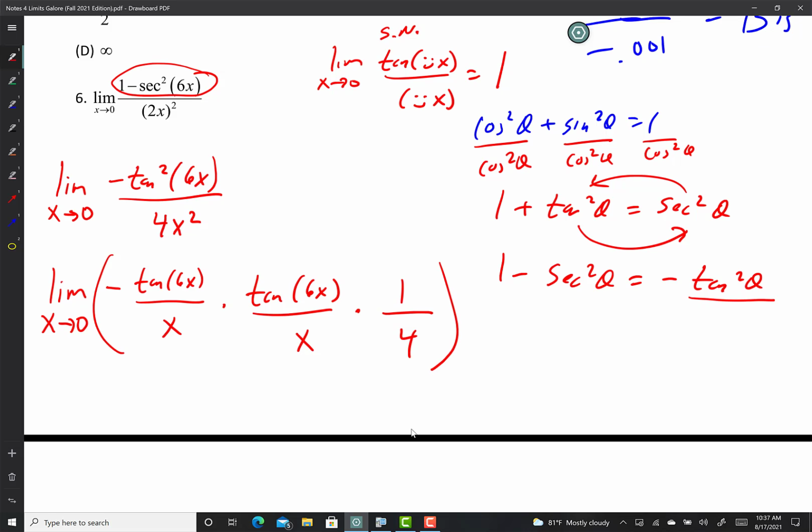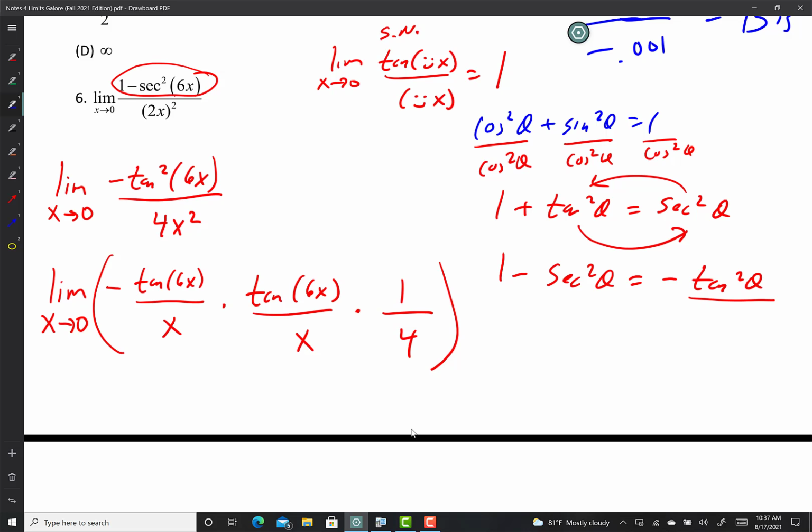I expanded it. Now it's time to do some chemistry. Are we ready? I need the bottom of these to have the same argument as what the tan has. So what do I need in the bottom of this tan 6x here?